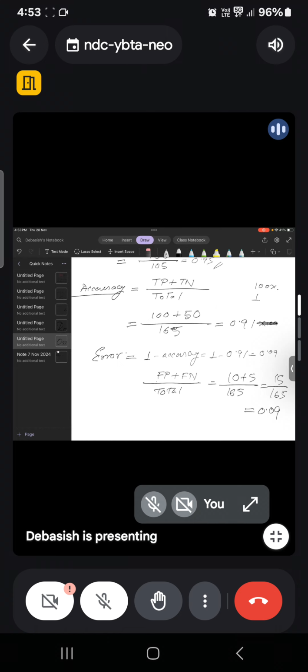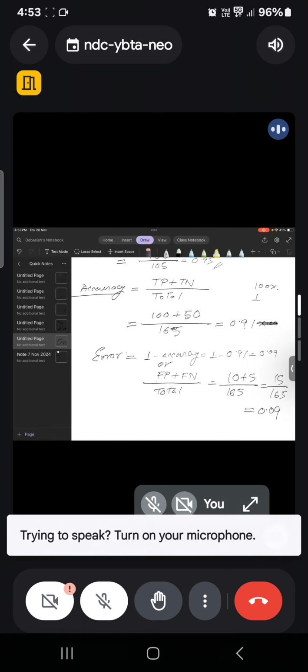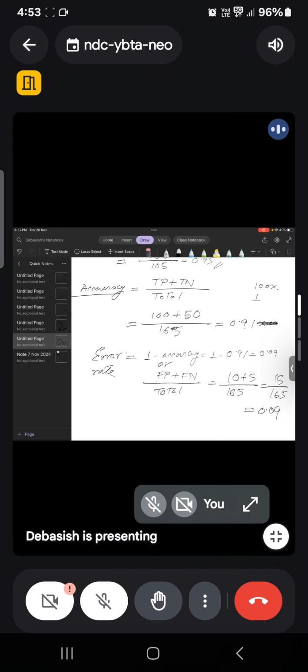So error can be calculated in both ways. 1 minus accuracy, if you have the accuracy score, then just subtract it from 1 and you will get the error rate. Or you can do FP plus FN divided by the total.